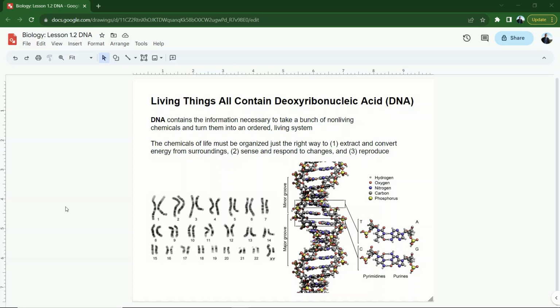And then we're going to talk a whole lot in a later chapter about how DNA is essential in reproduction. DNA is able to copy itself so that you can take your DNA and code it into new cells to replace your old dead cells in your body. And DNA is also an integral part of sexual reproduction as well.